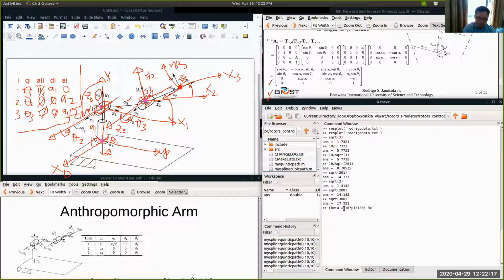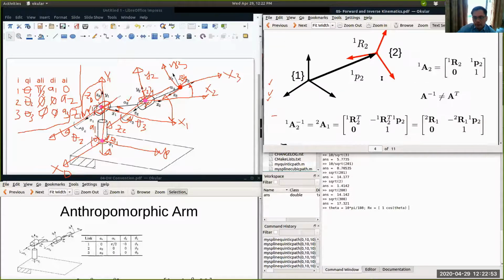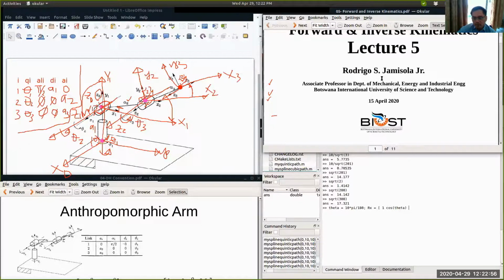And then Rx, rotation about x, is equal to 1, cosine of theta. Is it theta? No. What is the normal convention? I know z is about theta, and alpha, and what about x? I want to follow the convention we have in the previous slide, the lecture slides.